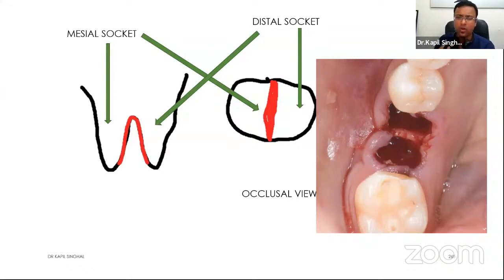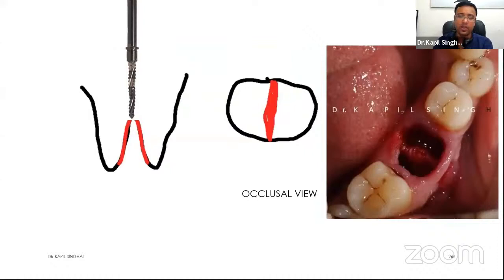So a mandibular molar has two sockets, a mesial socket and a distal socket, and the interdental bone in between is quite thin. If we try to place the drill in the center over the interdental bone, what happens?